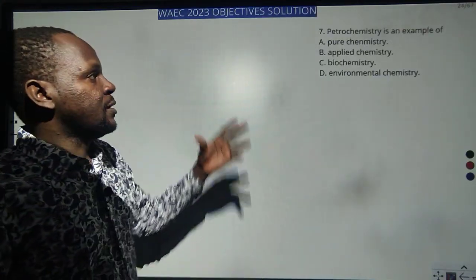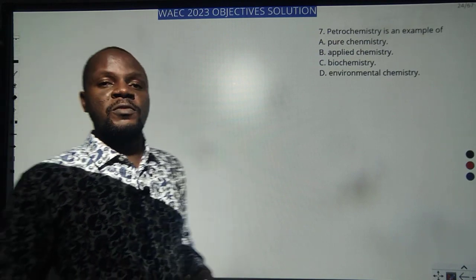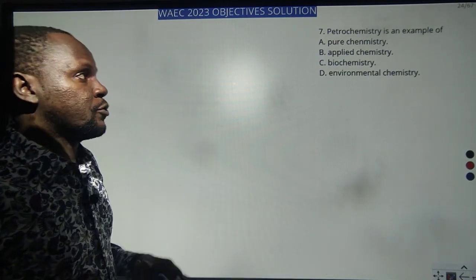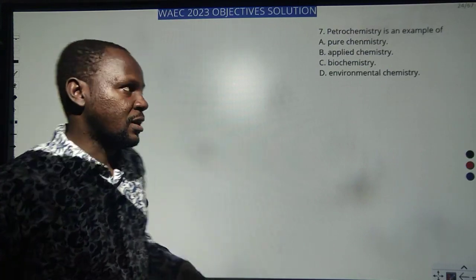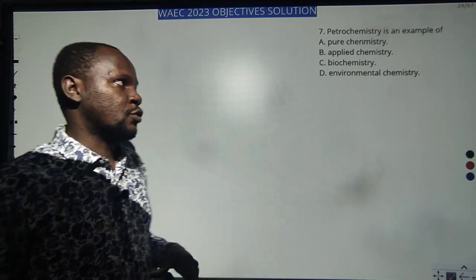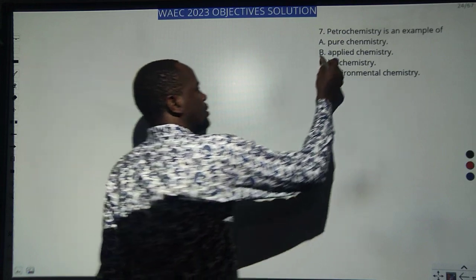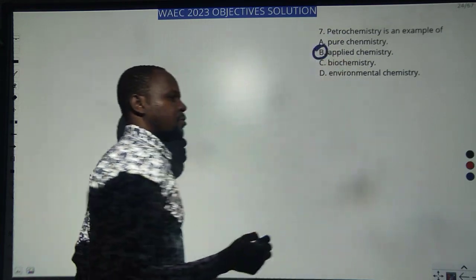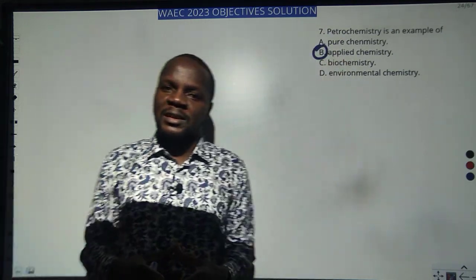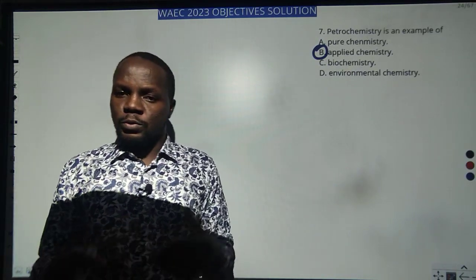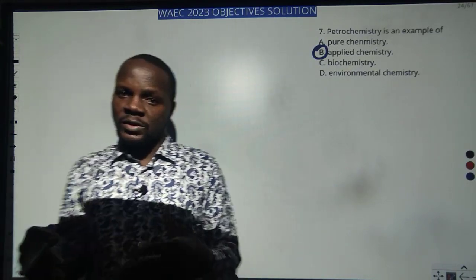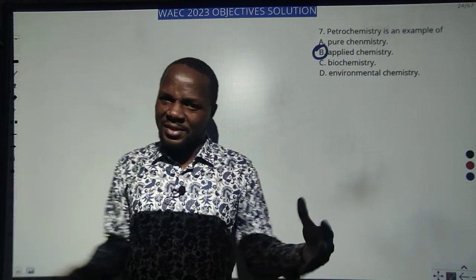I don't know. Petrochemistry is an example of that. Options are pure chemistry. No, pure chemistry is not petrochemistry. Now, applied chemistry. Yes, that should be the answer. Now, what is applied chemistry? Applied chemistry is just an aspect of chemistry that deals with the use of chemicals to produce different things, the application of chemistry.